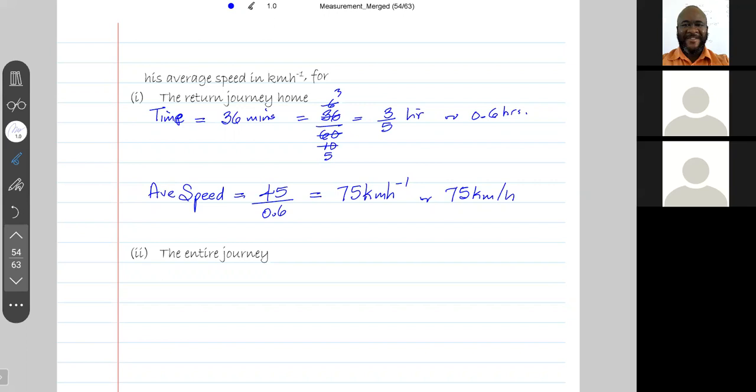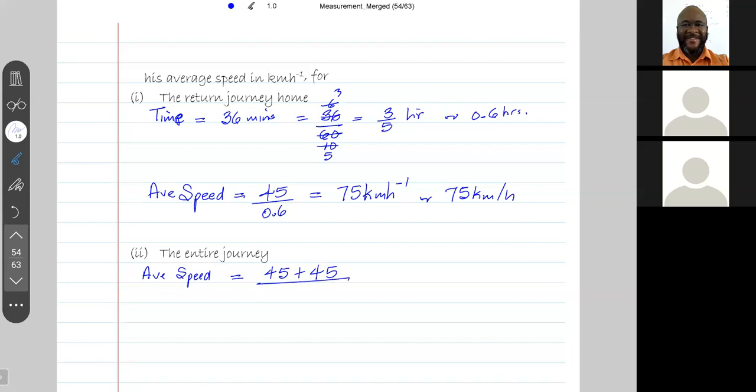So next one, the average speed for the entire journey. So average speed again is total distance, 45 plus 45. This is for the entire journey, it means going and coming back home. So the total distance going and coming back home would be 90 kilometers, 45 kilometers to go to school, 45 kilometers to come back.